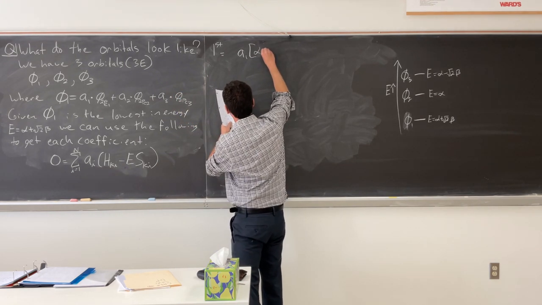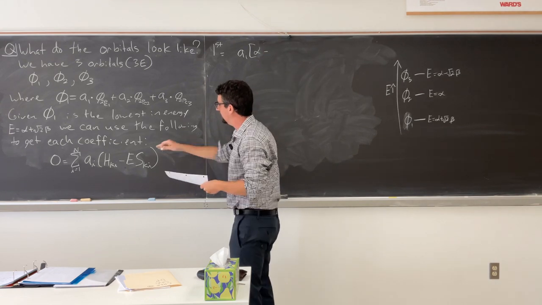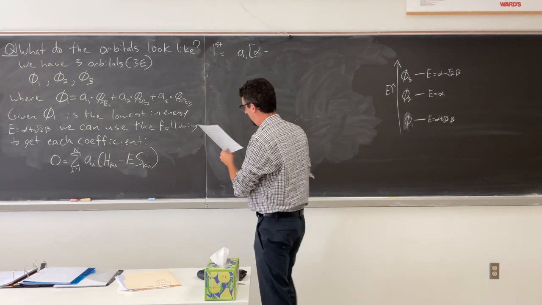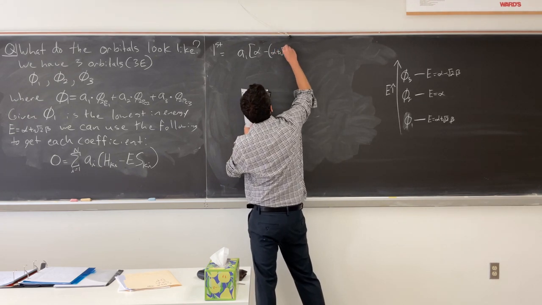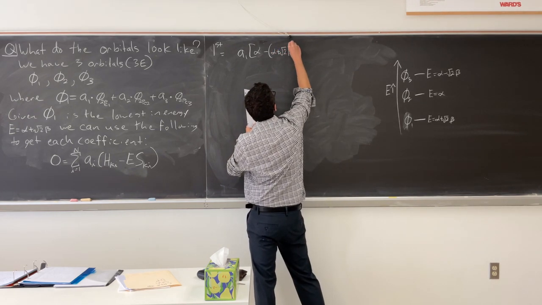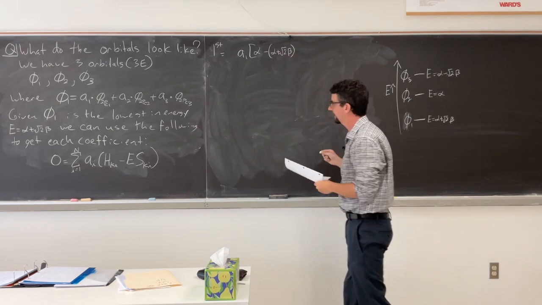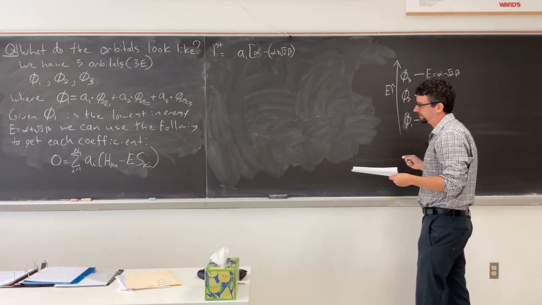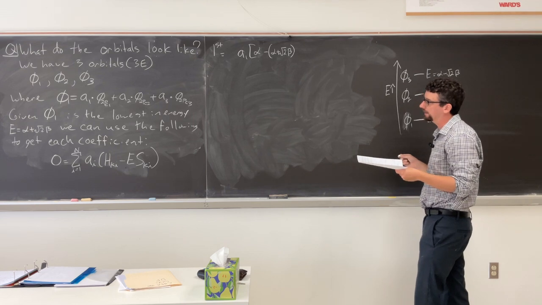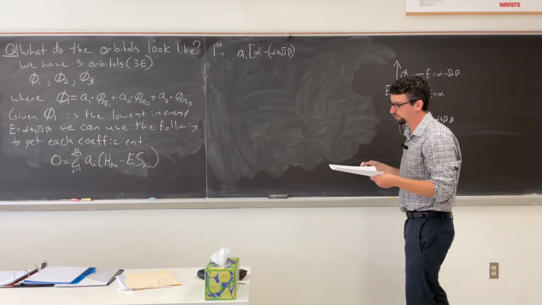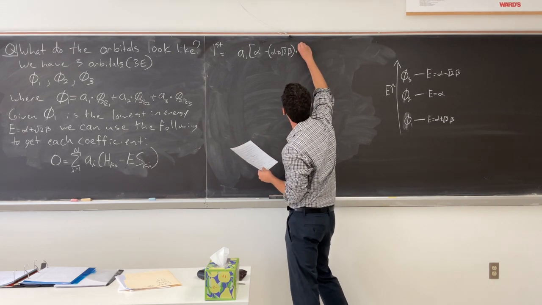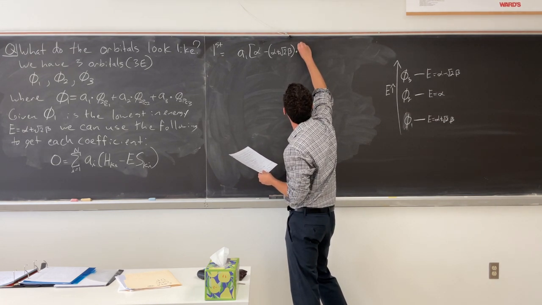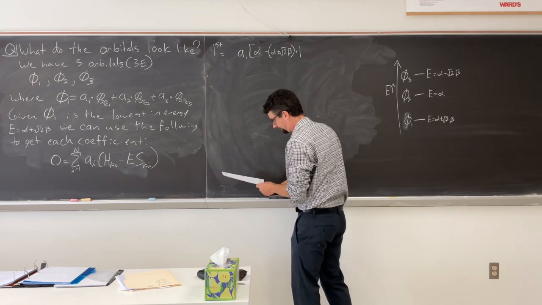Alpha minus E, our energy, which is equivalent to alpha plus square root 2 beta. And then we have S11. Since it's a delta function, what does the value of that become? 1. Yep.